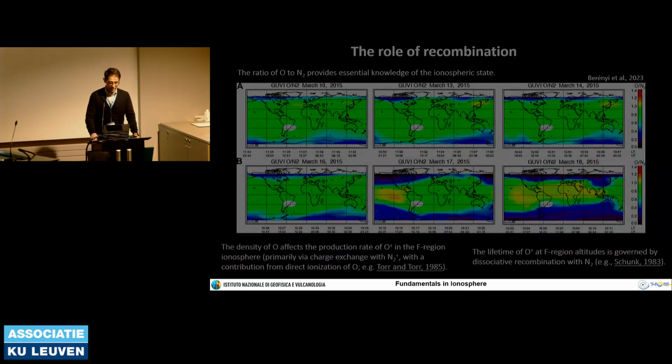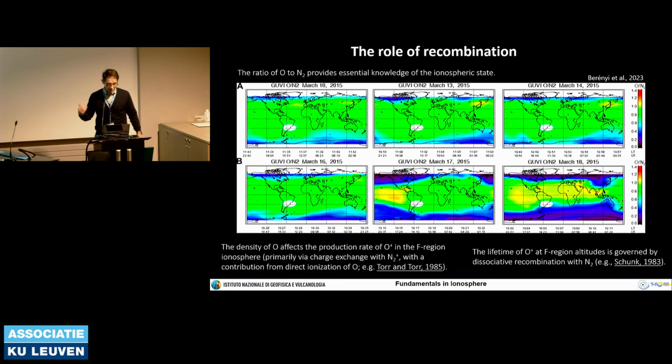And of course, the ratio of the oxygen and N2 is an essential quantity that provides some knowledge about the ionospheric state, because the density of the oxygen affects the production rate in the F region, and the lifetime of the oxygen ions in the F region is governed by the dissociative recombination with N2.